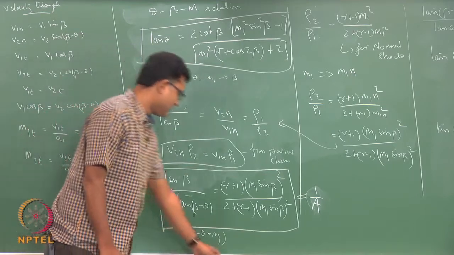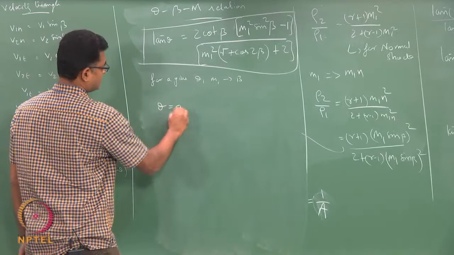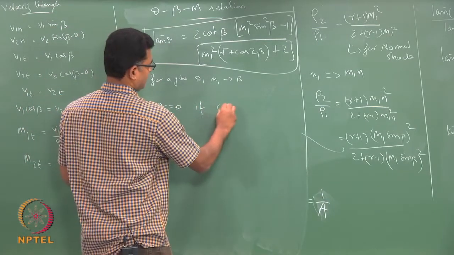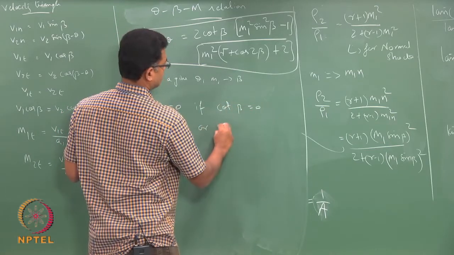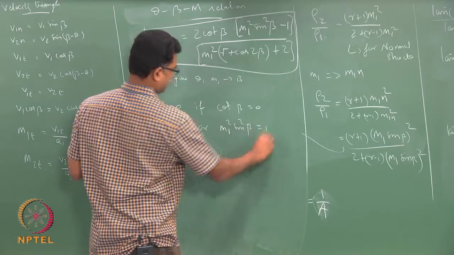Okay. So, now if you look at this equation, theta is 0 if cot beta is 0 or m1 square sin square beta equals 1.